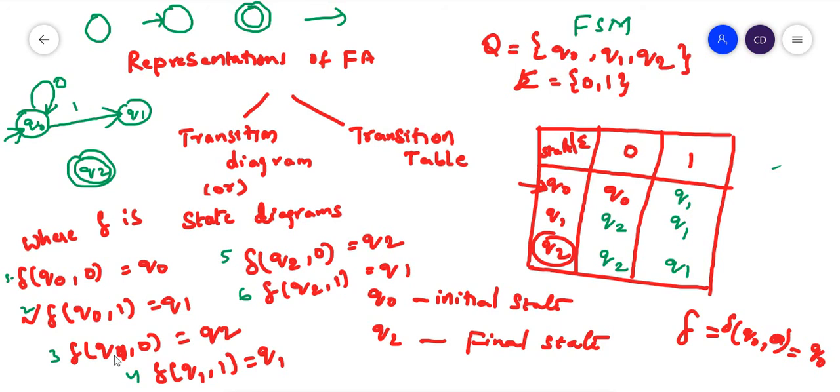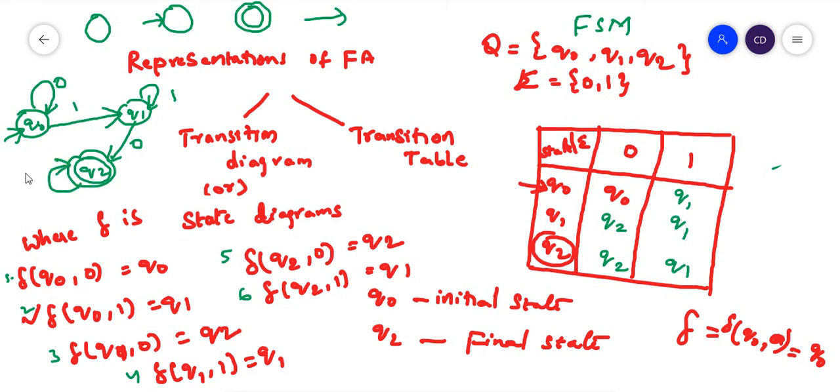What will this transition function say? From Q1, taking 0, I move from Q1 to Q2. So now I have an edge from Q1 to Q2 with input 0. And this transition function says from Q1 taking 1 as input, I'll be in the same state. And from Q2 taking input 0, I'll be in the same state.